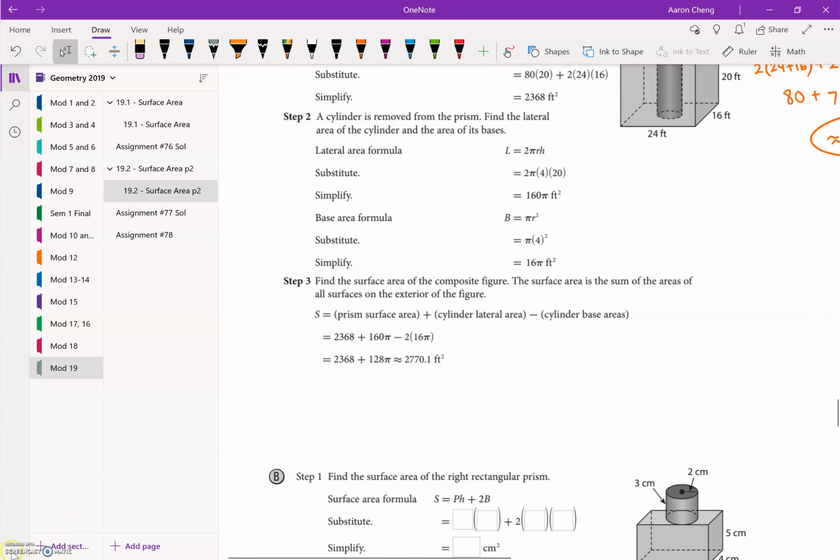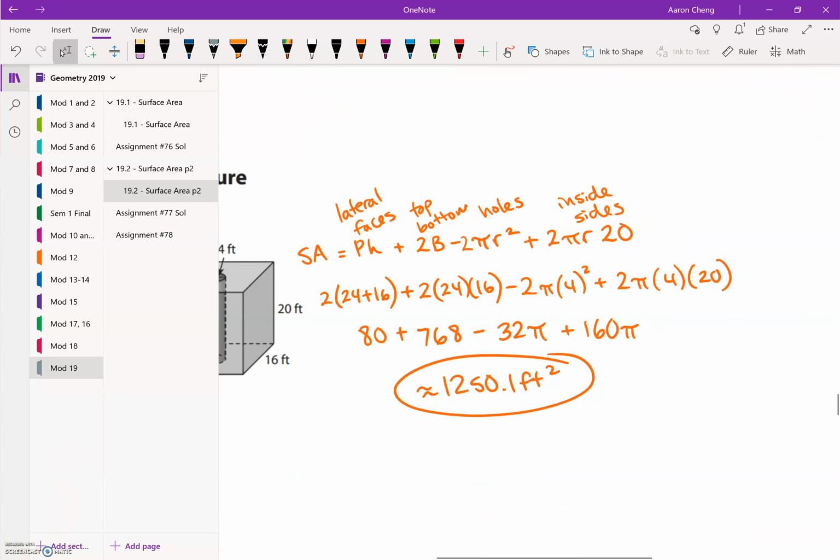No, looking back at this, I seem to have made a mistake. I forgot to put the height. So let's go ahead and change this to be the perimeter. This is the perimeter. The height is 20. So we're going to take 80 and multiply it by 20, which makes 1600. 80 times 20.